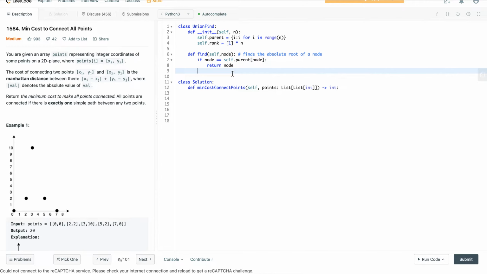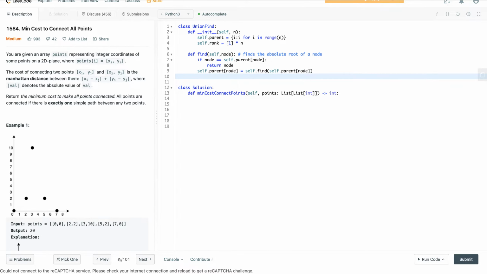So something like self.parent[node] = self.find(self.parent[node]), and then we can return self.parent[node].